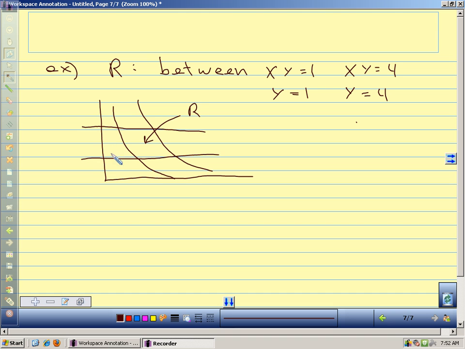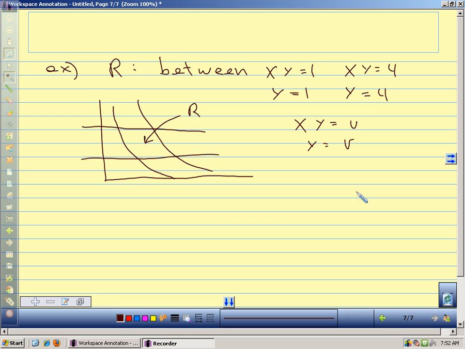And for this one, we would use the transformation: xy equals u based on the boundaries, and y equals v. If we made this substitution, that would turn this region into a rectangle. So this is an example of a region with boundaries where the original integral would be very complicated. A new integral would be less complicated using the Jacobian to transform this.